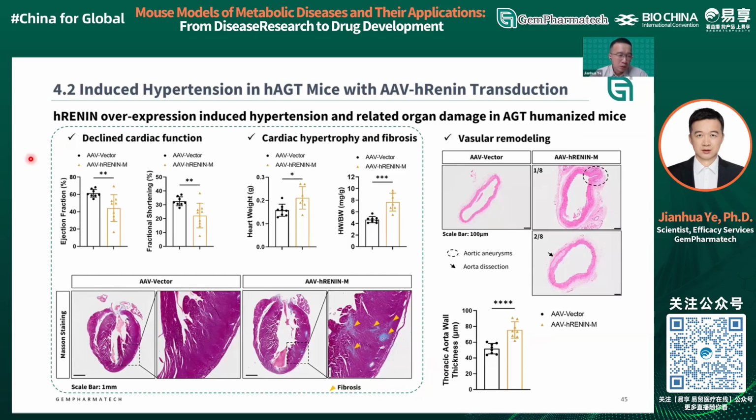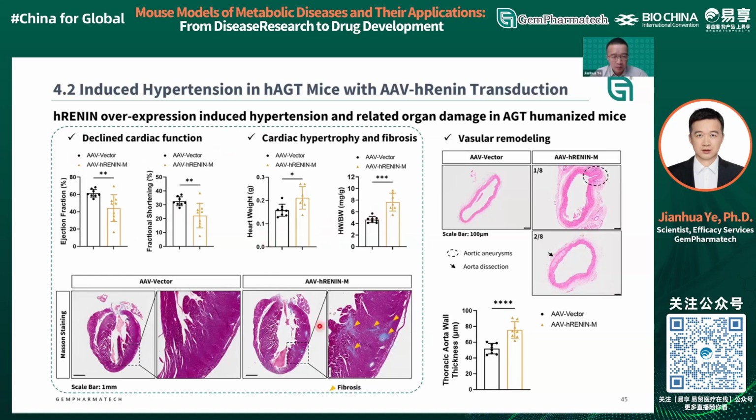We also did other analyses. In the heart, we find that after we induce hypertension in the humanized AGT mice with AAV human renin, the ejection fraction is decreased, and the fractional shortening is also decreased. The heart also develops hypertrophy, so we can see the heart weight increase, and the heart weight to body weight ratio is also increased.